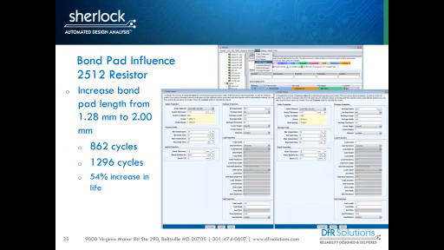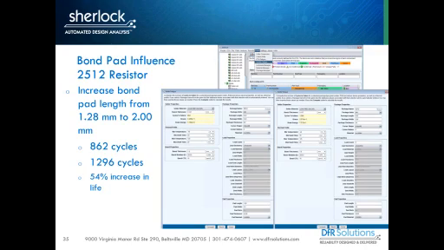That may be necessary for power devices, where you want increased thermal areas to decrease the thermal resistance. So usually you will have larger pads on power devices than on a small signal device. Going from 1.28 millimeters to 2 millimeters, I get a 54% increase in life.